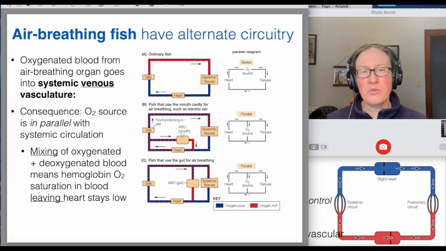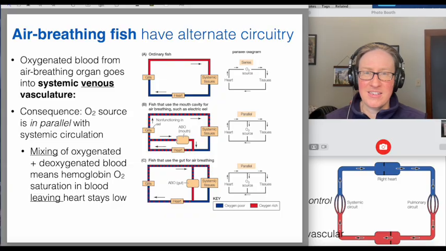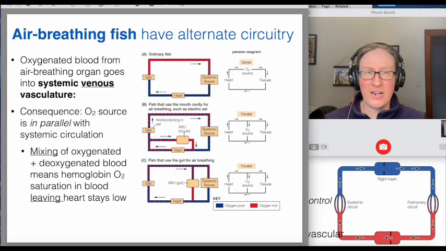What I want you to notice in air-breathing fish is that essentially the air-breathing organ circulatory path is sort of pulled out from the existing fish circulatory structure. And where that gets pulled out depends on where the air-breathing organ is located, right?